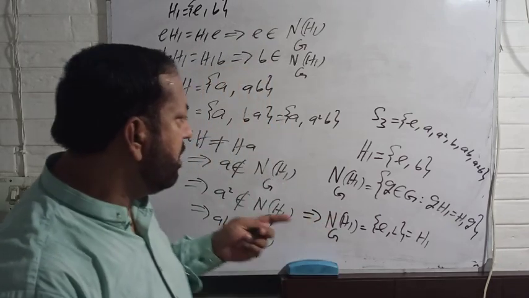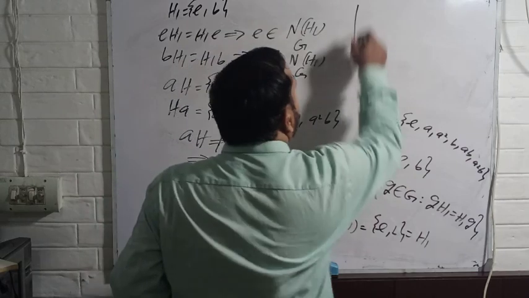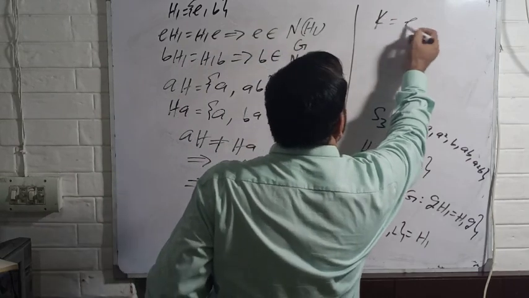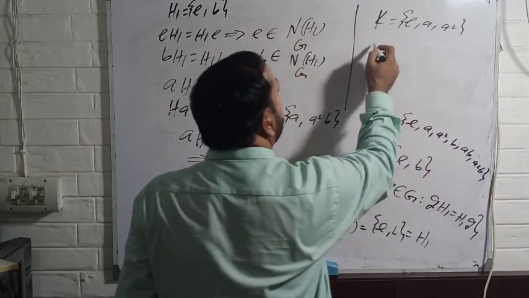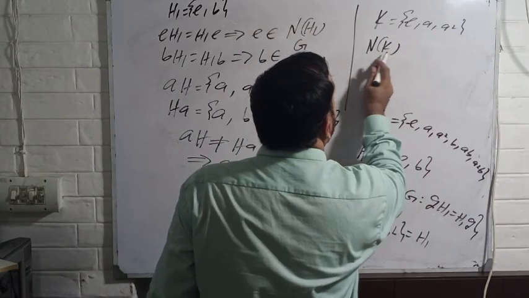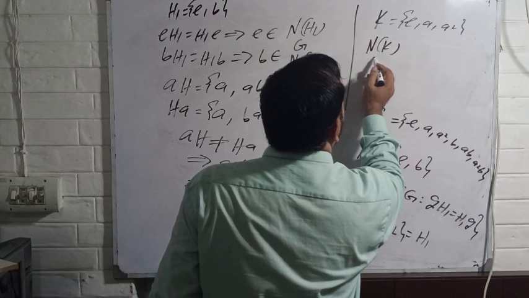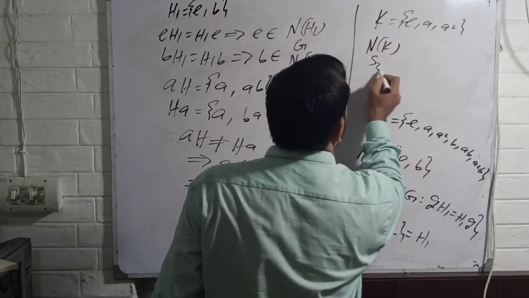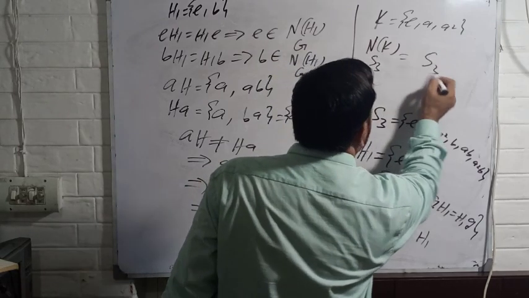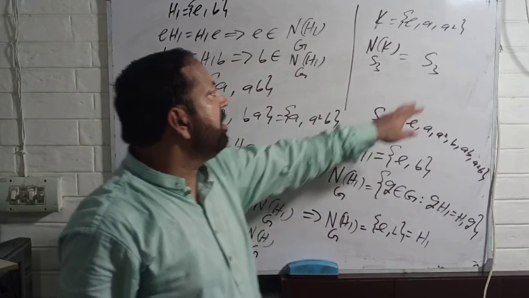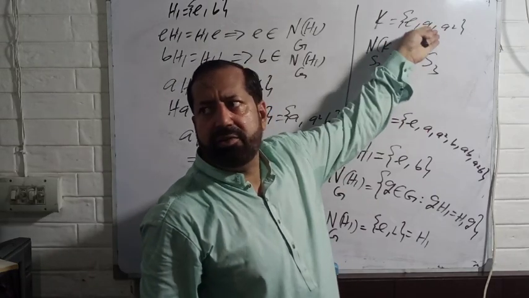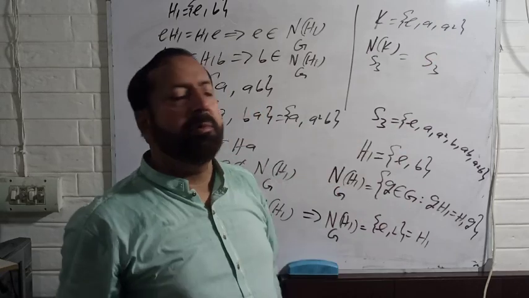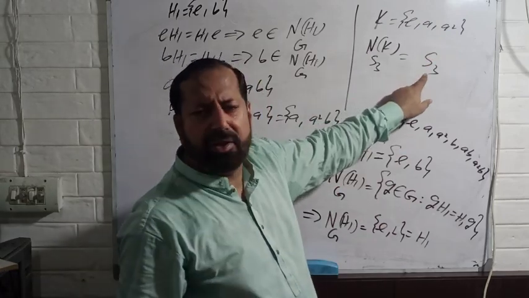However, if you take K equal to {E, A, A square}, then the normalizer of K in S3 could be S3, because S3 contains only one Sylow 3 subgroup, which is K itself. That's why we have no problem here. Here it could be S3, and I think it is S3.